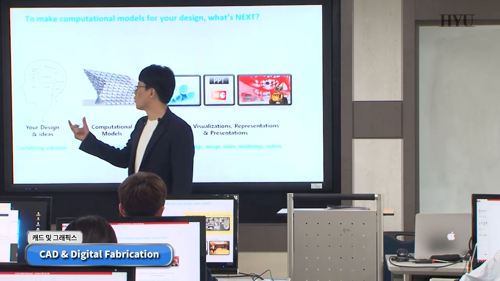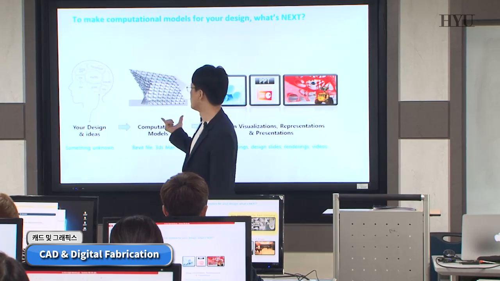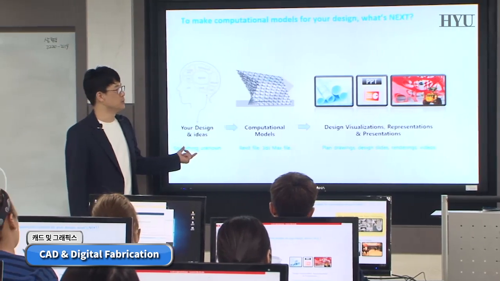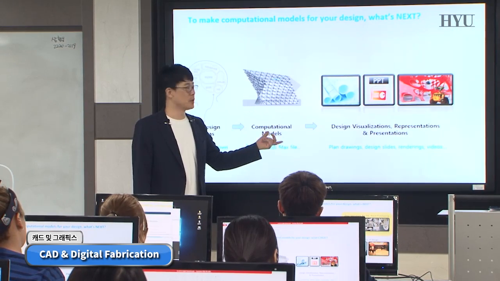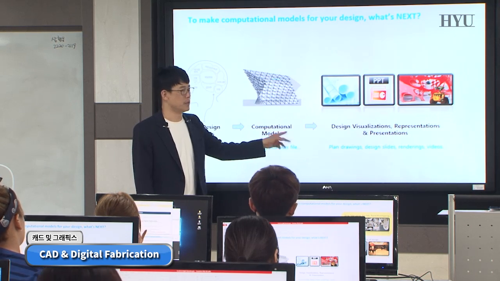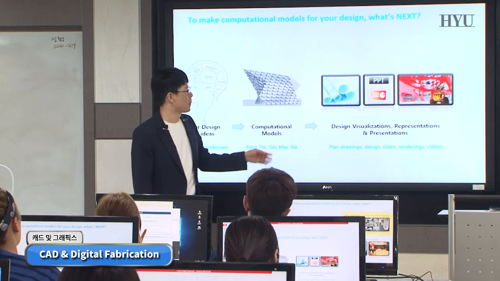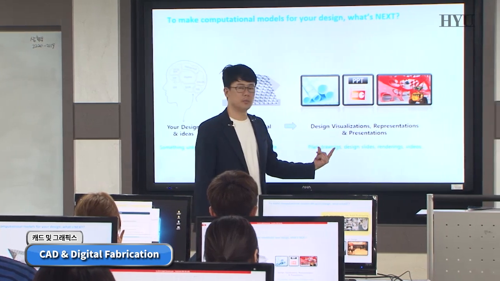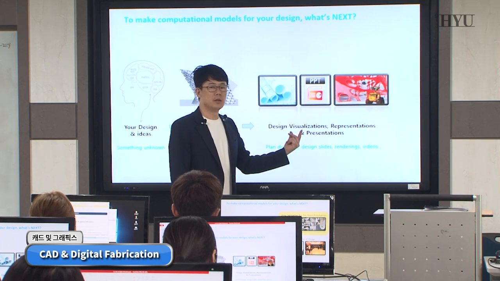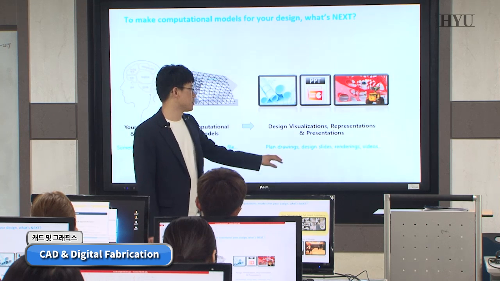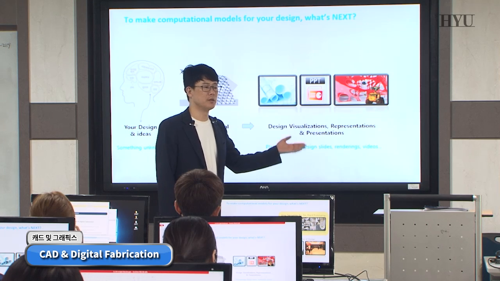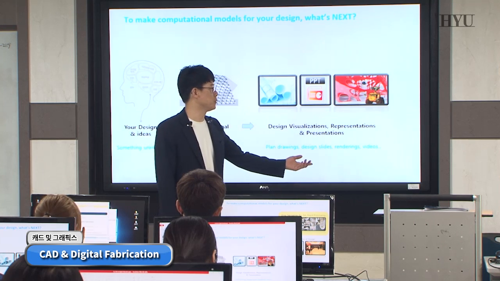As you know, we are creating computational models because we have an idea, okay? We have an idea of geometric shape, design, form. That's why we are working on computational models. What's next in this frame? Of course, extracting floor plan drawings, sections, elevations, line stroke styles, V-Ray renderings, lots of additional design representation things such as animation, walkthrough, video, and so on.